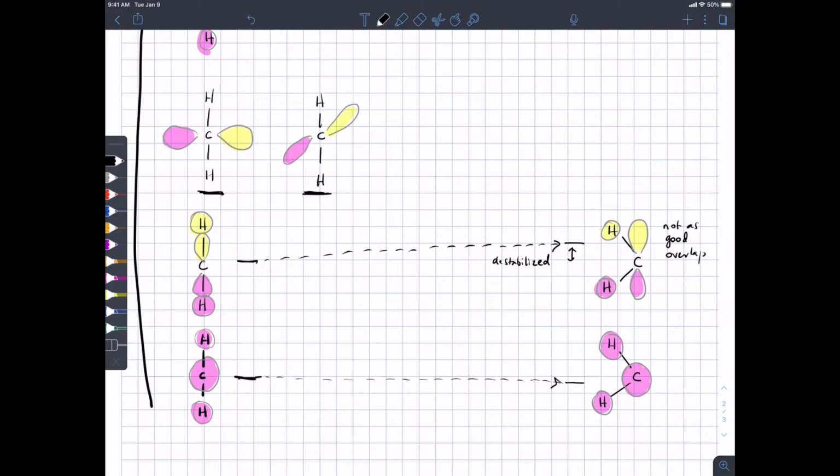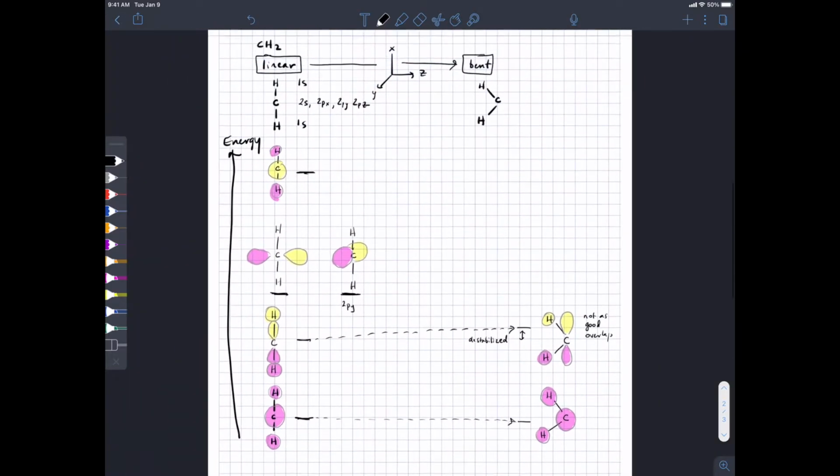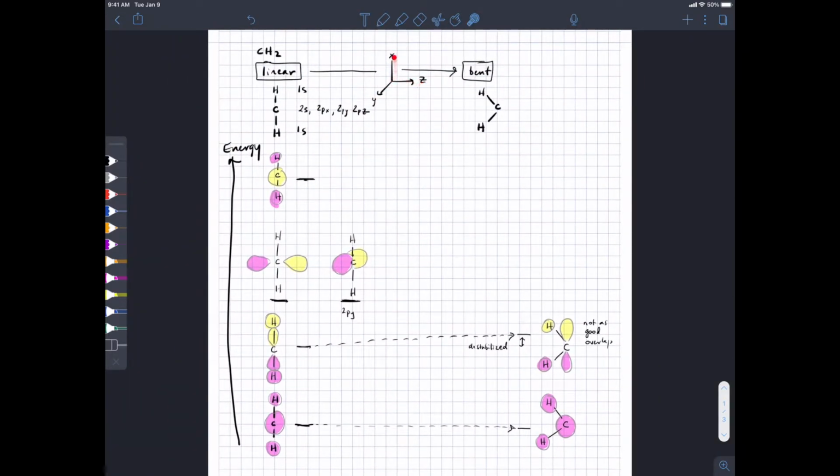If we think about the y orbital, I'm going to try to represent it a little bit better. I'm going to have a lobe here and a lobe back there, and the node is in the plane of the page. I hope that's close enough. So for the 2py orbital, notice that the node is the xz plane, the plane of the page.